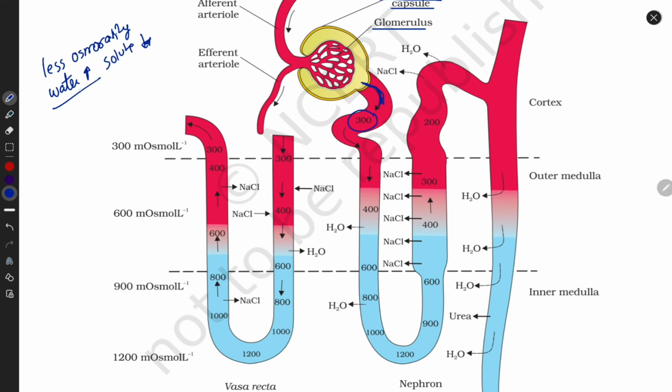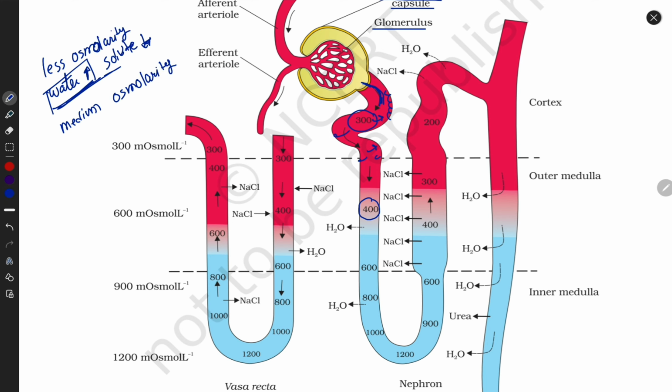That's why the PCT absorbs water. After absorbing water, the osmolarity is now medium.